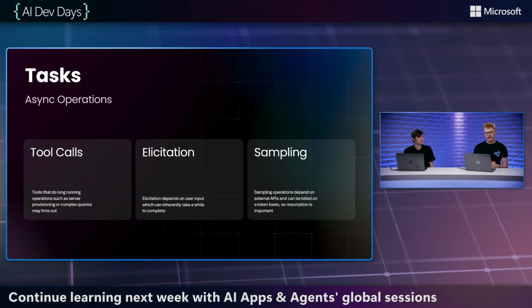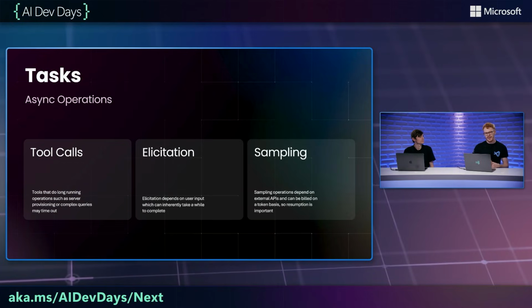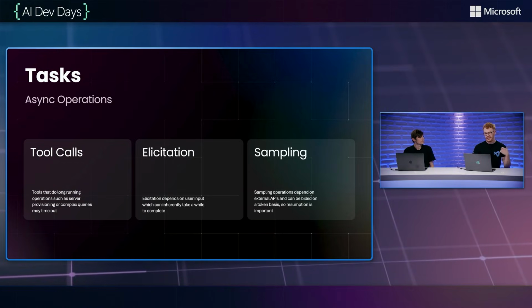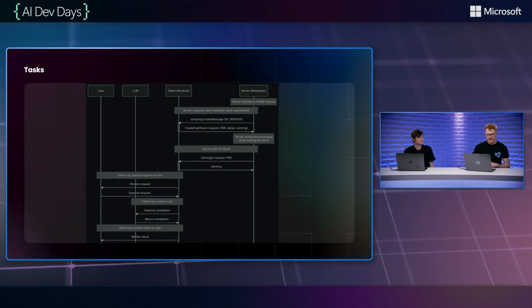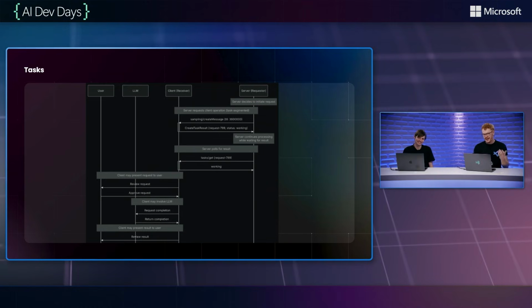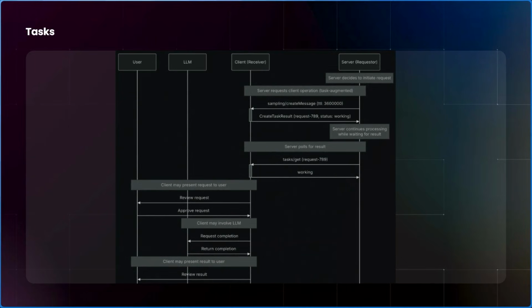Tasks are just a way for both clients and servers to have these things associated with these different calls that can be polled. I also have a nice big sequence diagram for this, but essentially it's how you'd think. When a request is made, I think this is for a sampling request that comes from the server, it says here's my request, and I'm associating this task ID with this request.